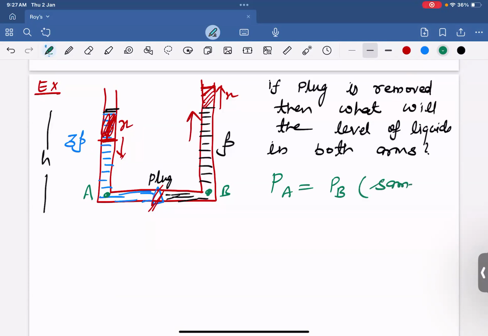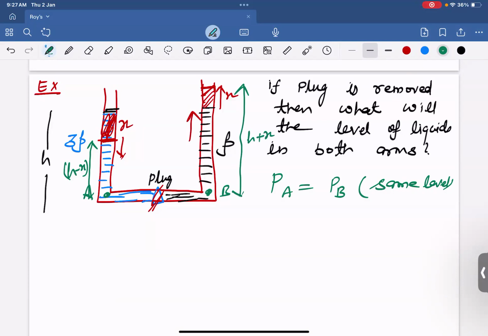Because they are at the same horizontal level. Now the new level of this liquid will be H minus X, whereas on this side the level will now be H plus X.